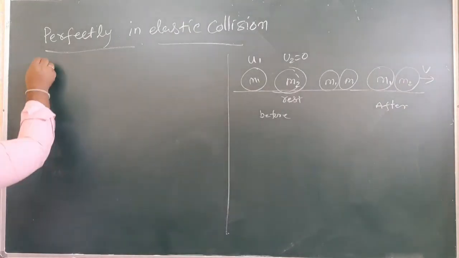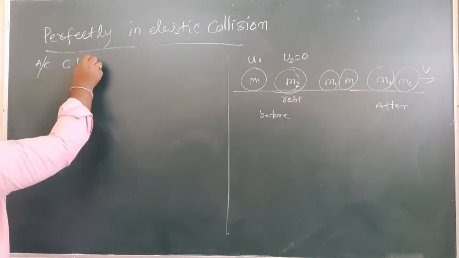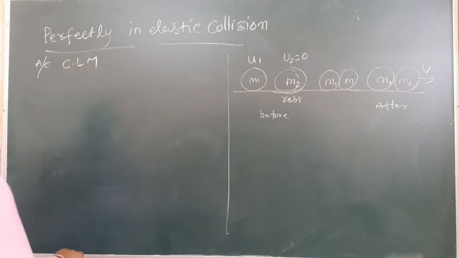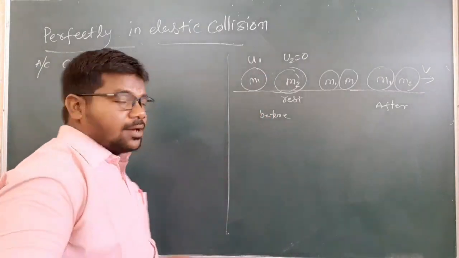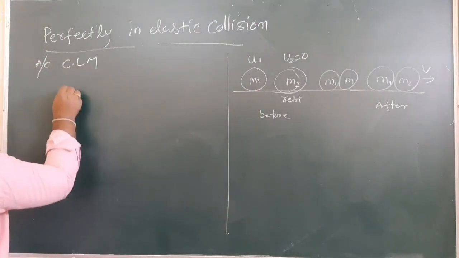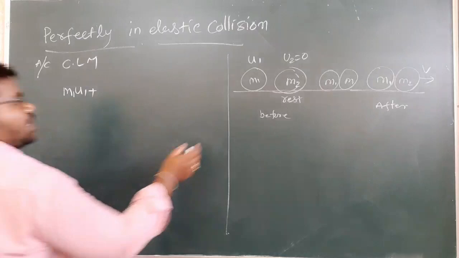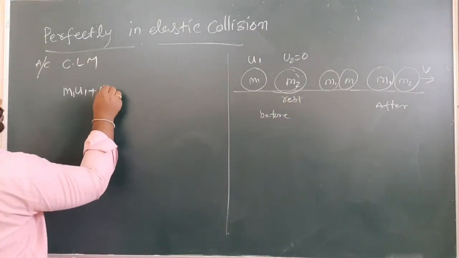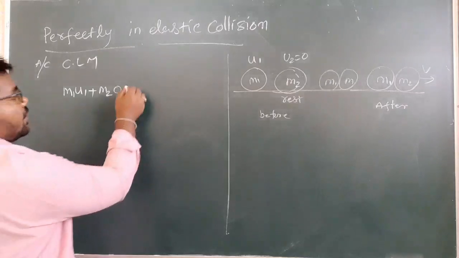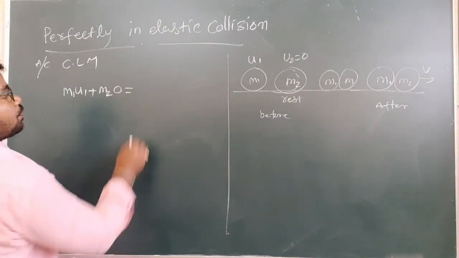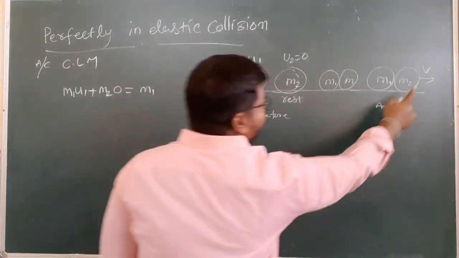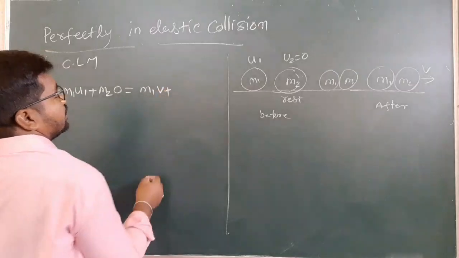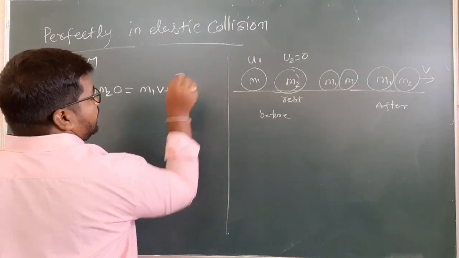According to conservation of linear momentum, the net momentum before the collision is equal to the net momentum after the collision. Momentum of the first body, m1 u1, plus momentum of the second body, m2 times 0, is equal to the momentum after collision: m1 times v plus m2 times v.